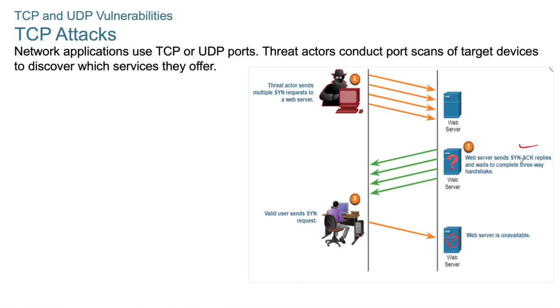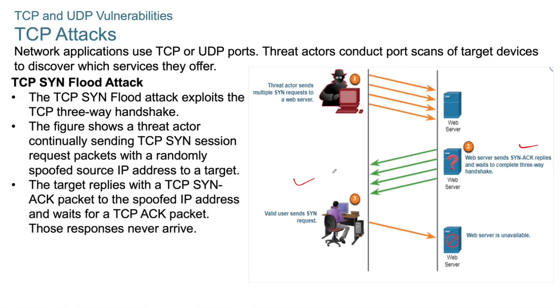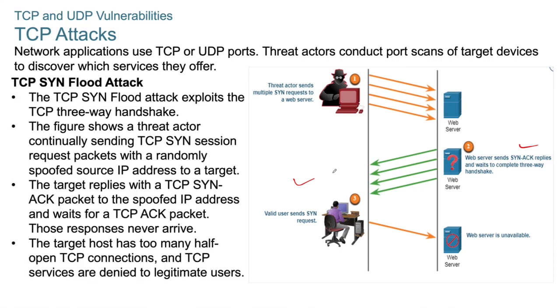Once these acknowledgements are received by the valid user, some of the replies go to the threat actor. So a valid user cannot access the web server because the web server has too many half-open TCP connections because of the attacker.